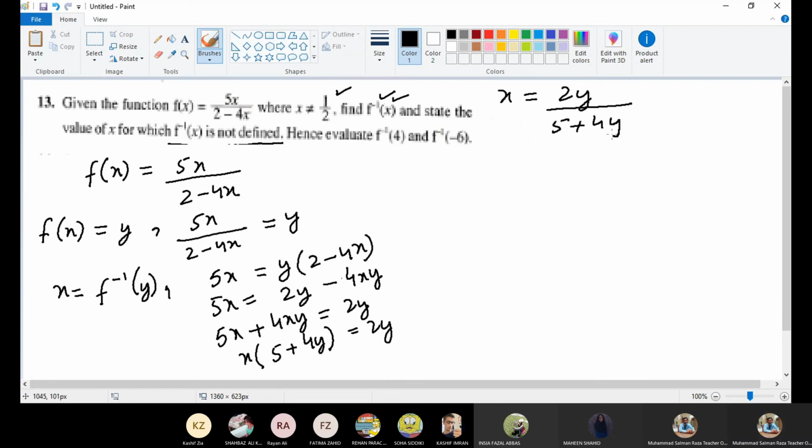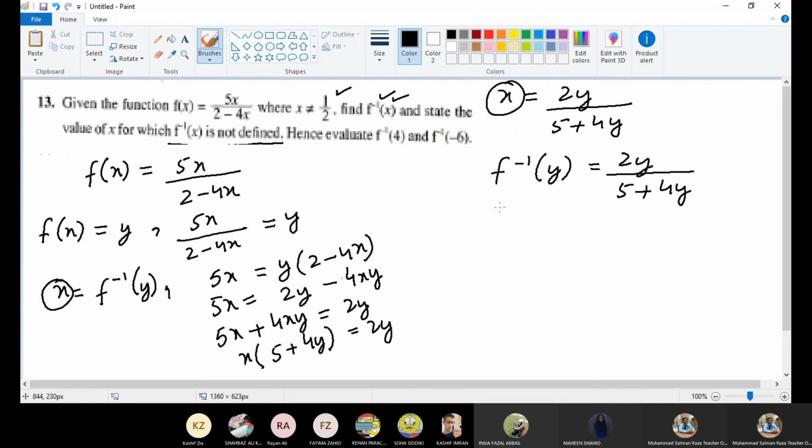5 plus 4y. Now you can see I've got two values of x. So I'm going to write f inverse of y is equal to 2y upon 5 plus 4y.